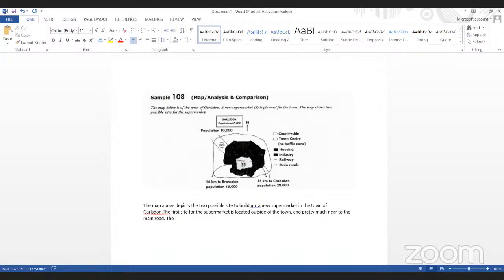We are talking about the second map, right? The second possible site is in between what? උත්තර දෙන්න. මොකකද තියෙන්නේ මේ?